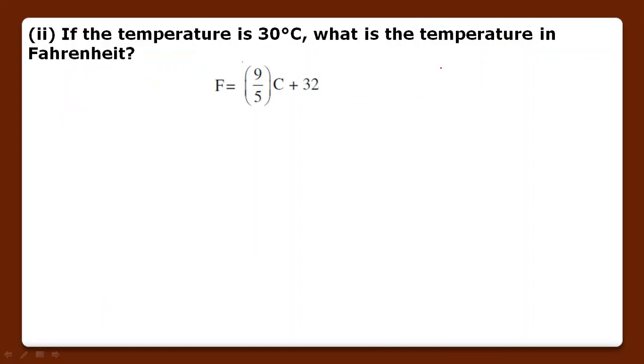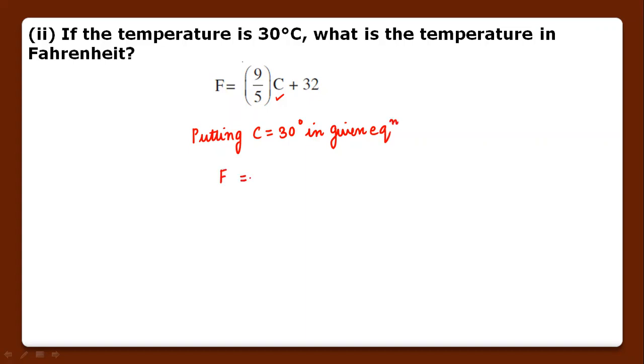Now the second part is: if the temperature is 30 degrees Celsius, what is the temperature in Fahrenheit? This is also a very easy question. We'll write here, putting C equals to 30 degrees in the given equation.